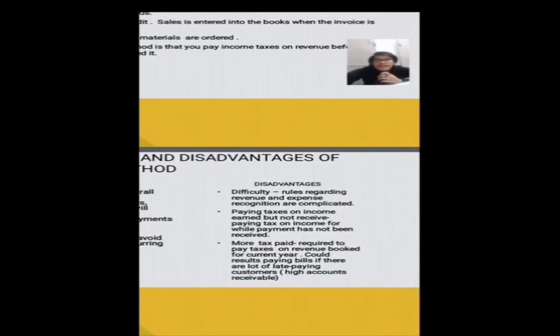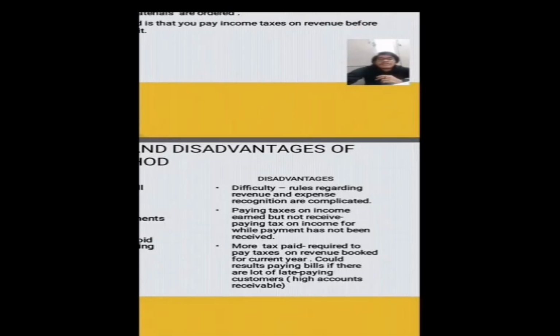So another disadvantage is that more tax needs to be paid. It requires paying tax on revenue booked for the current year, and it could result in trouble paying bills if there are a lot of late-paying customers, and this will cause high accounts receivable.